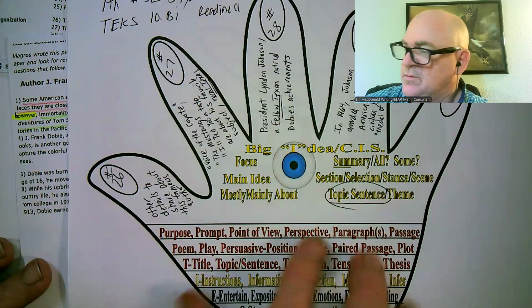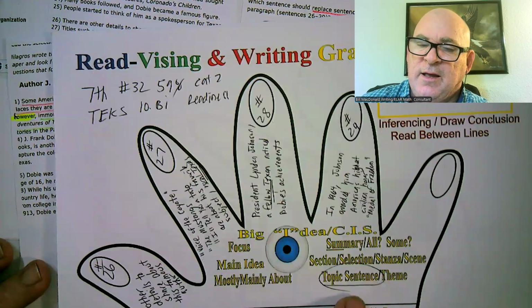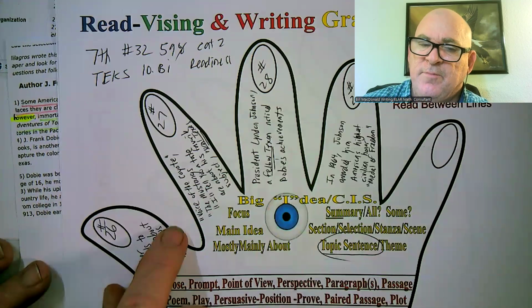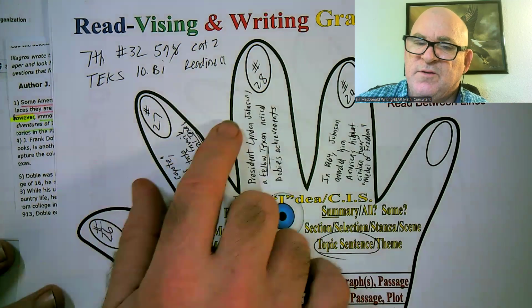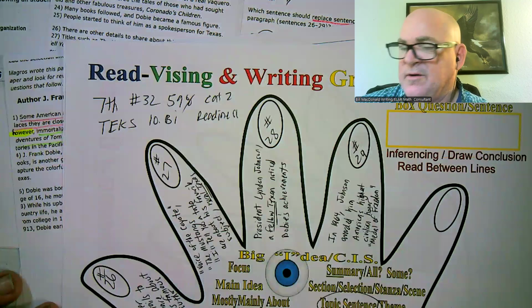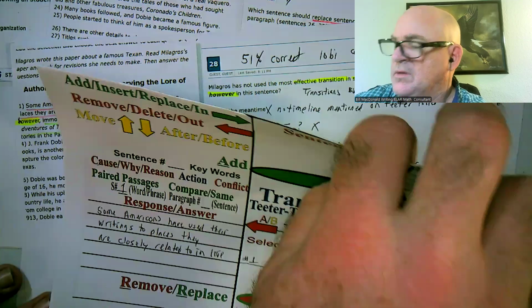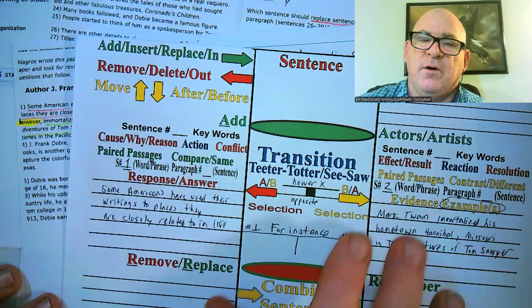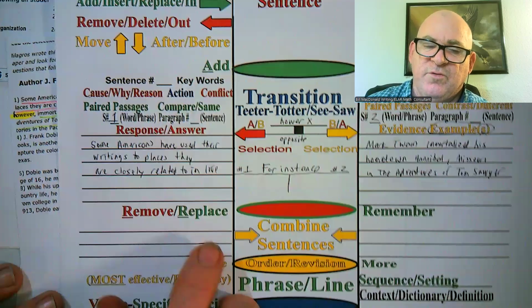The question, the second one we're going to look at today, had to do with replacing a topic that was too vague and putting one that was more specific to the content of the rest of the sentences in the paragraph. Okay? But let's come down to the ARM part where we add, remove, replace, and move something.